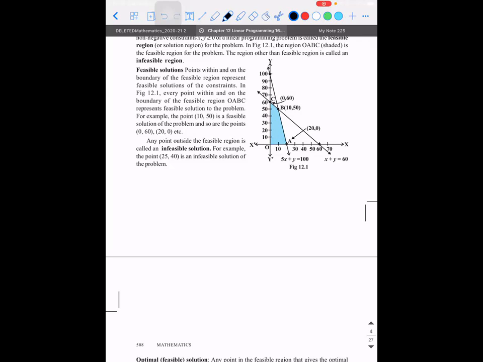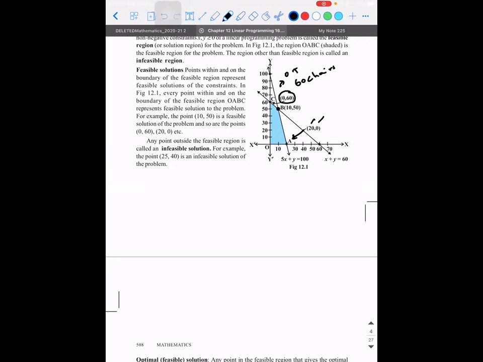Such that they are satisfying the constraint. 0, 60 means what? Zero tables, 60 chairs. When he buys this, maybe he can make maximum profit. Similarly, 20, 0, he can think of buying 20 tables and 0 chairs so that he can make more profit.